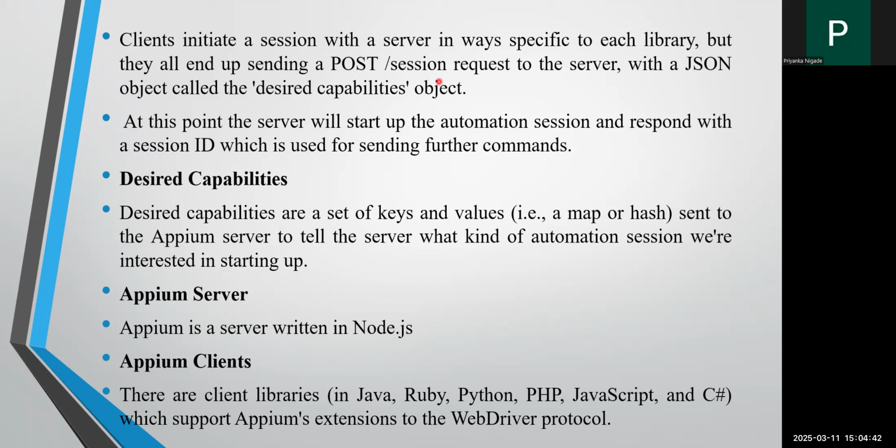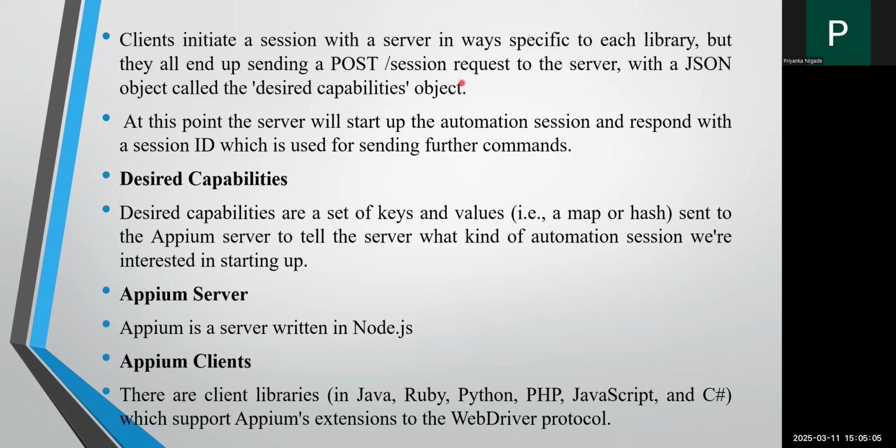Here, what happens? Whenever you write an automation script, first of all, every Java command will be converted in the form of REST, and that REST API goes to the server. The server will expose some API. I mean, the server will simply create a session using the POST command with that device. And how is it possible?